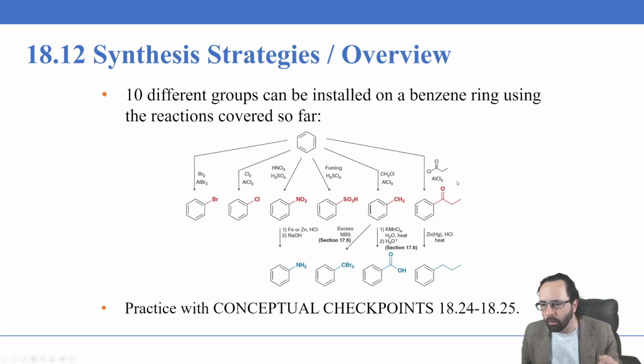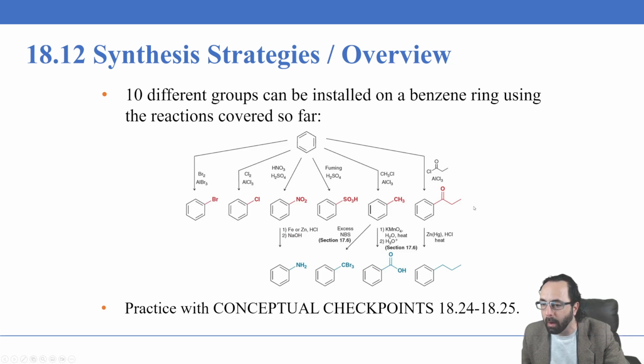And so here we understood the considerations of which positions they might install themselves on, where the groups will be installed when there's already a substituent on the benzene ring. In addition, we can follow these up with a variety of reactions that we've learned previously. For example, we talked about in this chapter how we can reduce a nitro group to an amine group through the use of iron and zinc in an acidic environment, followed up by a base to deprotonate the protonated amine group.